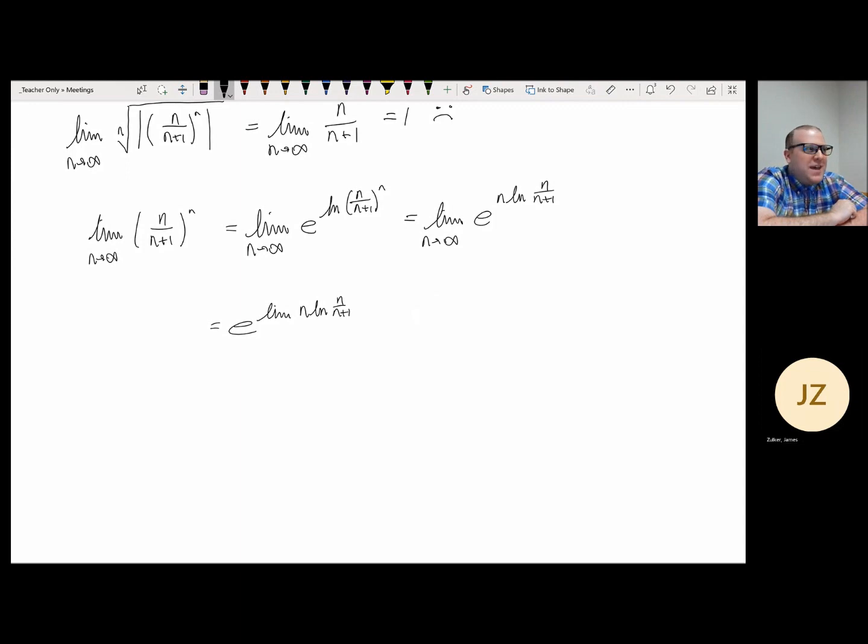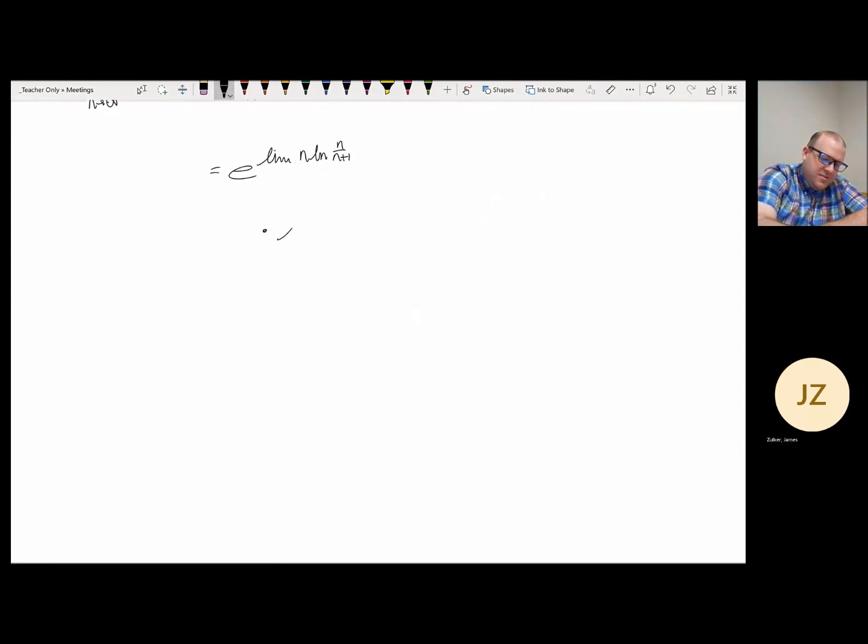So we can essentially factor e out of the limit, so to speak. All right, this is the composite function theorem. All we have to look at is that limit.